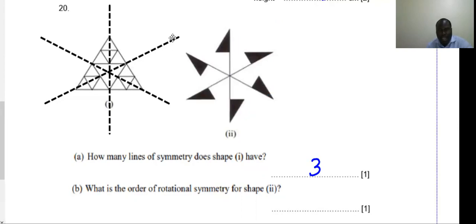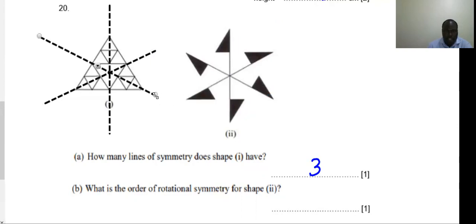So the idea here is we need to get a tracing paper and try to rotate this shape and see how many times this shape will fit into itself. When we trace this shape on the tracing paper, we have to see how many times this shape will fit into itself.